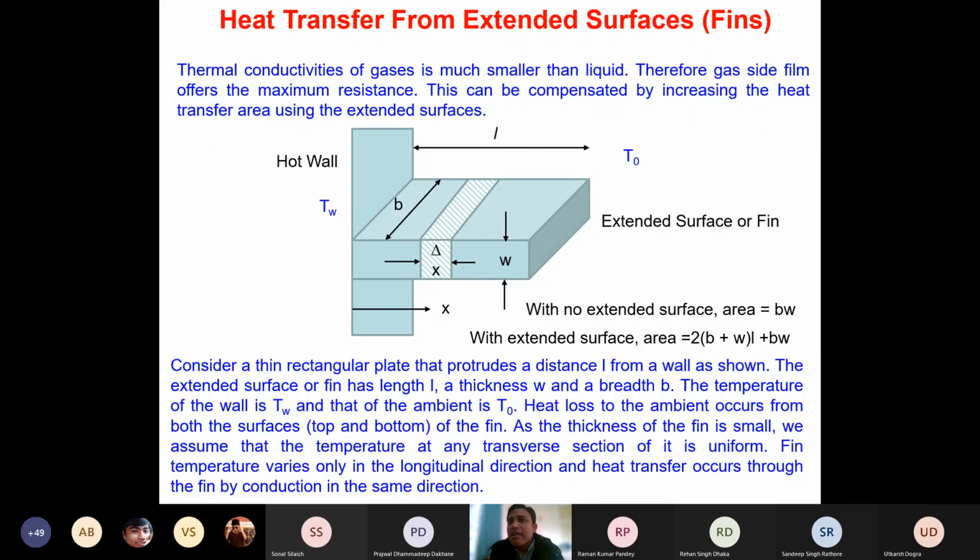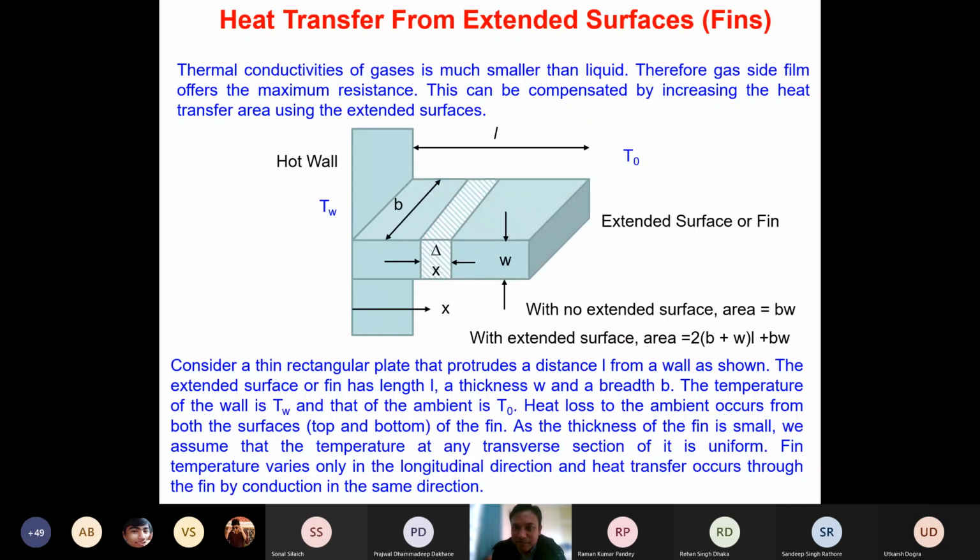So I have very little flexibility in changing the convective resistance unless I add turbulence or do other things. That is one way of increasing h. But I can also increase the area of convective heat transfer, and I can have the same amount of heat transfer. Do you all agree?